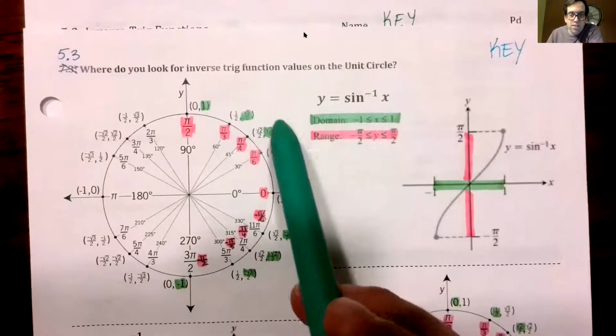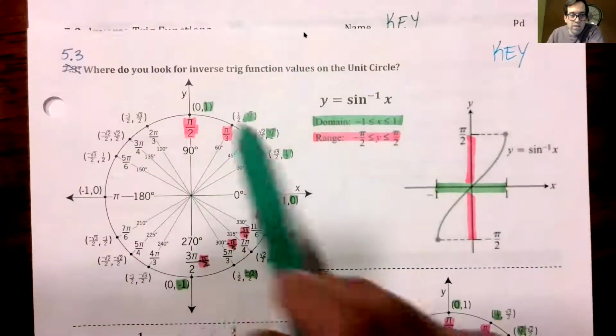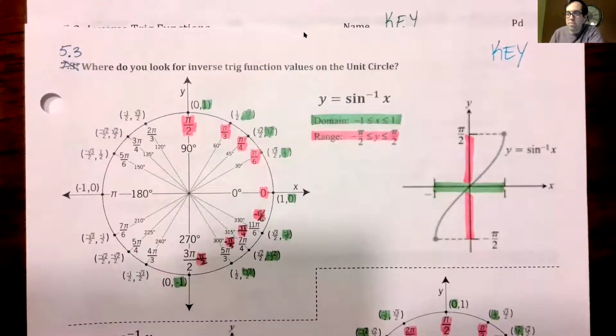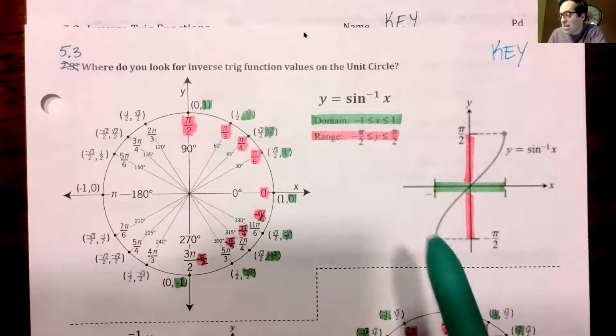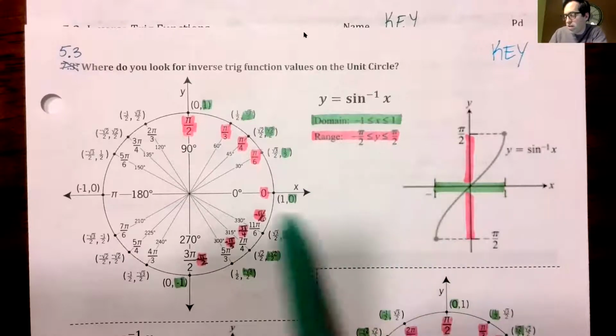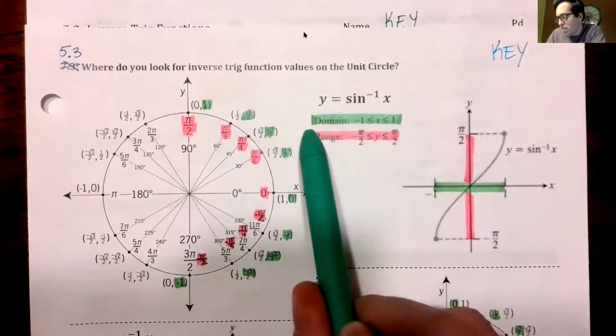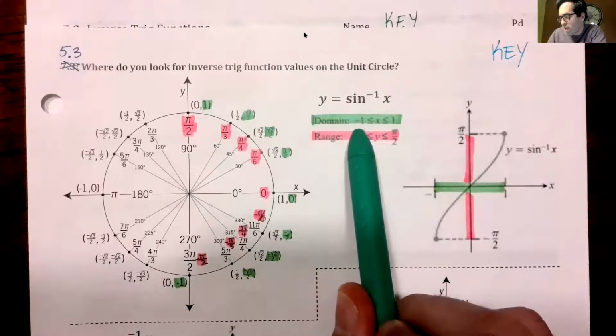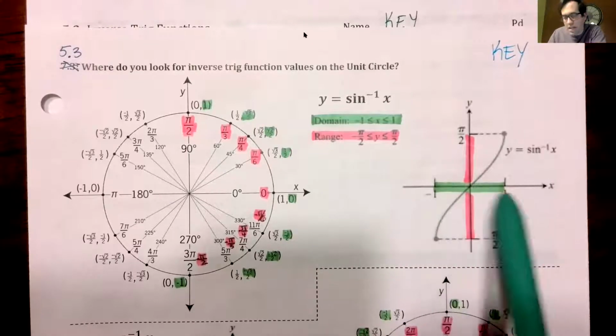And this is going to help us to see how this graph relates to the unit circle. So if you think about all of the inputs and the outputs switched, it makes a lot of sense what's going to be going on here. So I recommend that you highlight or underline in different colors the same way that I did. The domain of sine inverse is from -1 to 1. We can see that right here on the graph.